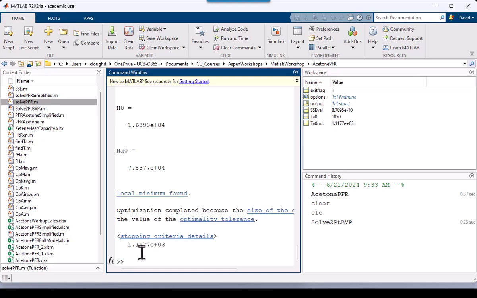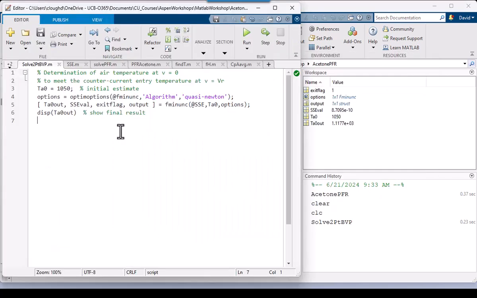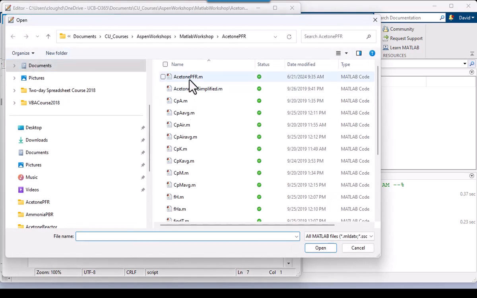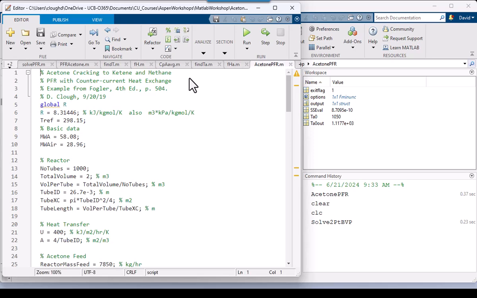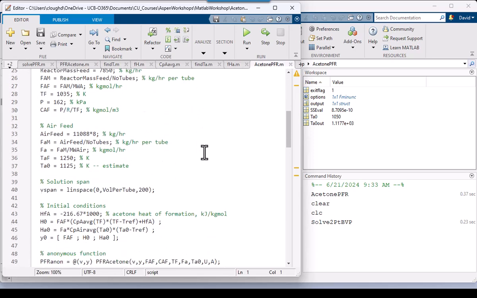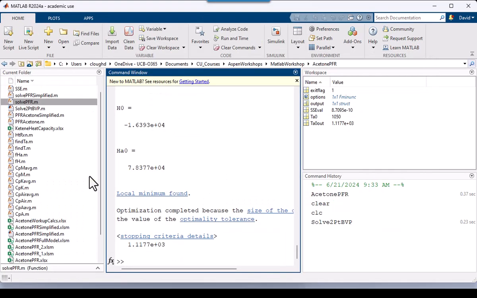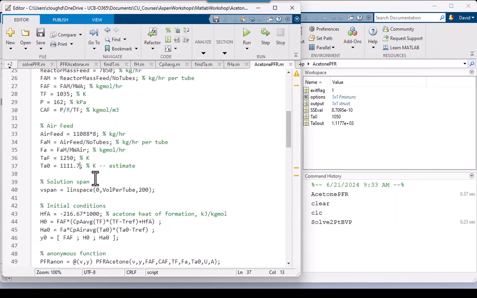So if we have 1117.7, we can then come back and open up our acetone PFR script, which solves the model, and come down here, and instead of using an initial estimate for the air temperature of something like 1125, we can put in 1117.7, I'm sorry, let me check that.